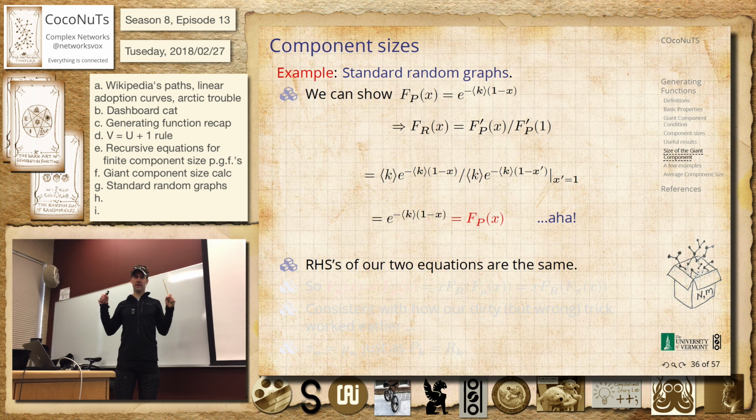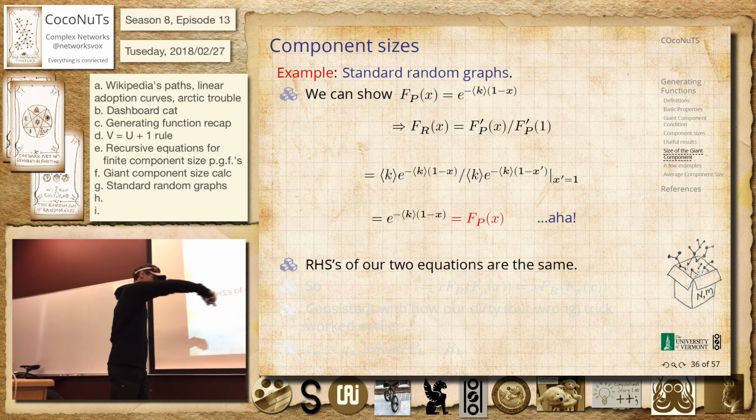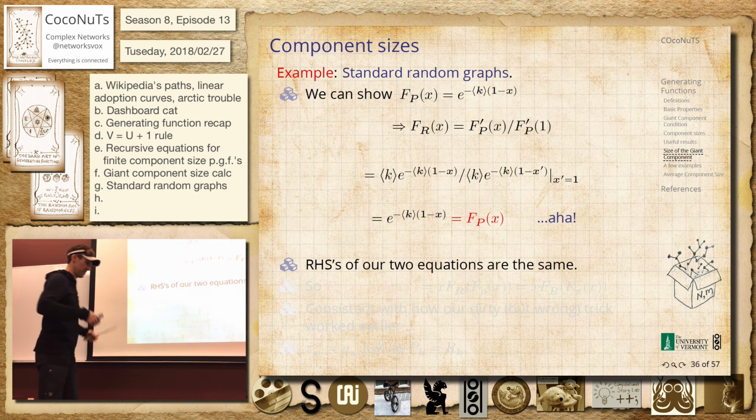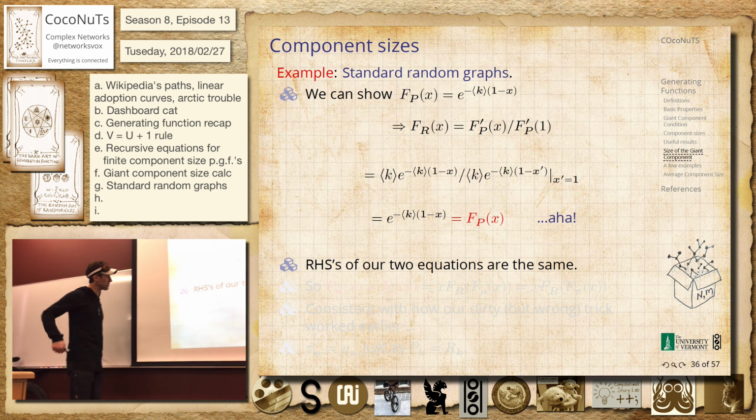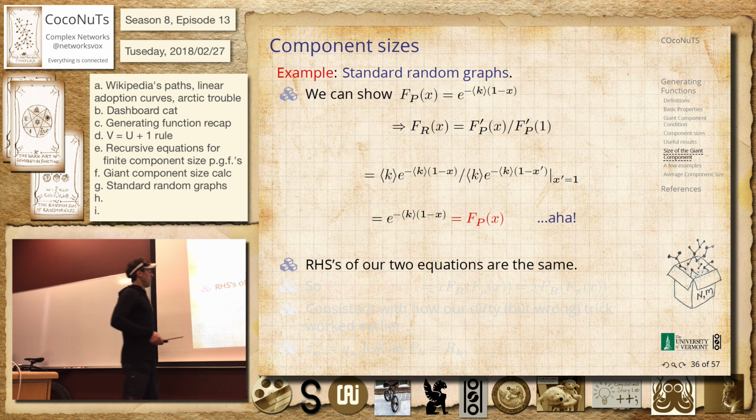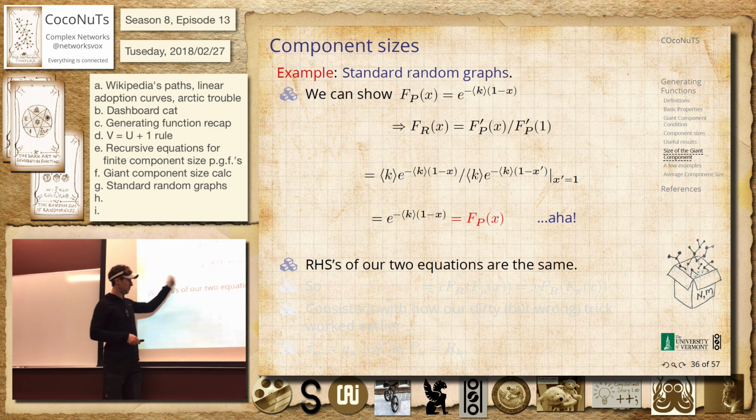It's a weird feature of those two things. If we're running along an edge, we hit a node, the number of other friends that node has is the same as if we randomly chose a node and looked at its number of friends. And for Poisson things, your friends on average have one more friend than you. They're not too bad, but not great.